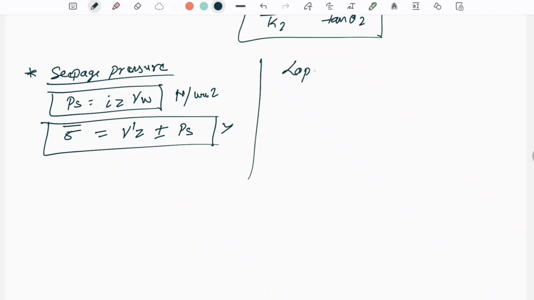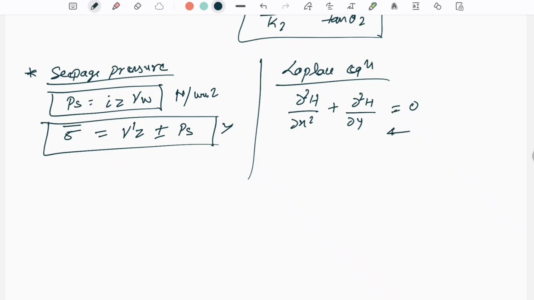There is a Laplace equation. The relationship for the Laplace equation in this case is del square H divided by del x square plus del square H divided by del y square is equal to 0. This is the case when the material is an isotropic medium.